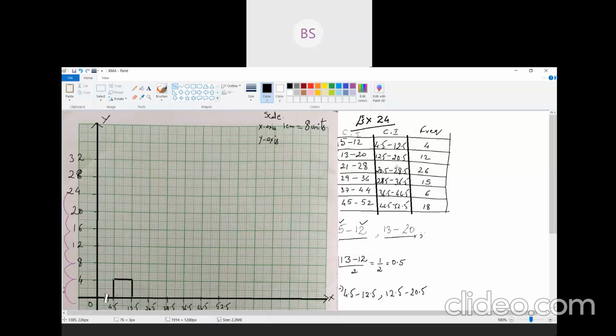Next, 12.5 to 20.5, we have 12, so the height of the rectangle should be 12. Next, the frequency is 26, so 20.5 to 28.5, 26.